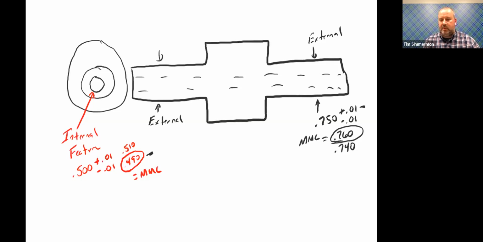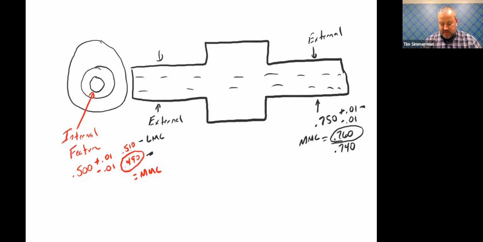If you think that way when you do that assignment, and you take a look and ask, is it an internal feature or an external feature, it'll be a really easy assignment for you. On the opposite side, if an internal feature at its smallest size is maximum material condition, then at its largest it would be considered its least material condition.